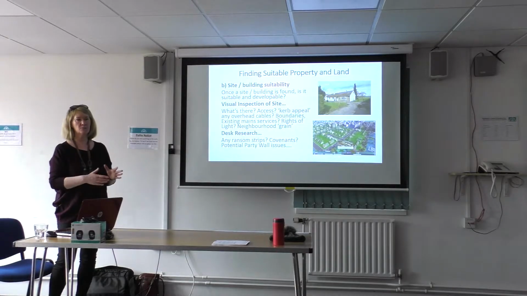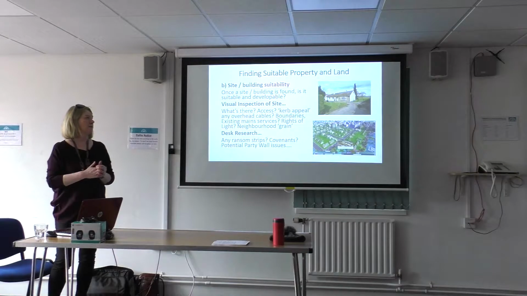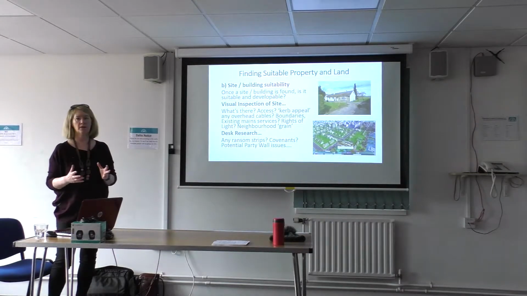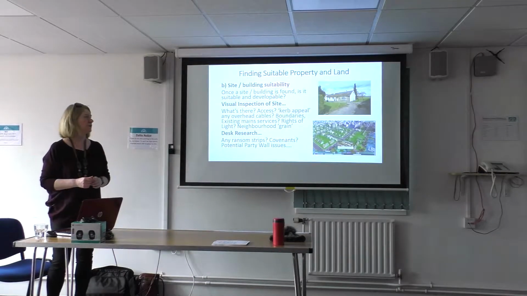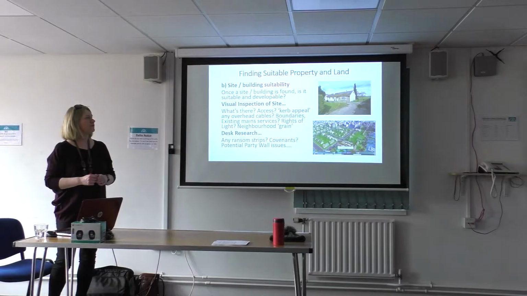So I'm not going to go into too much detail about planning because it is actually quite complicated, but just to introduce the idea really that there will be and always going to be some restrictions on what you can do. So the first thing to do is obviously go and have a look at the site, so visual inspection, what's there. And one of the really important things is the access.